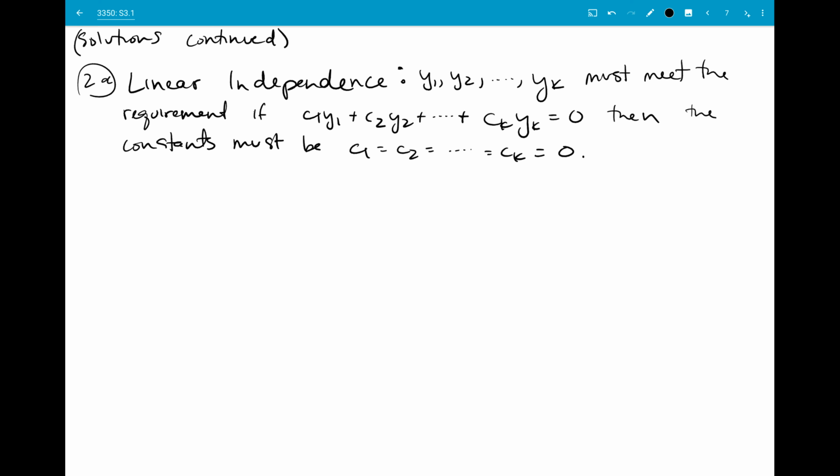So linear independence means if you take a linear combination of these functions and you get 0, then the only way that's possible is if all of your constants were 0.